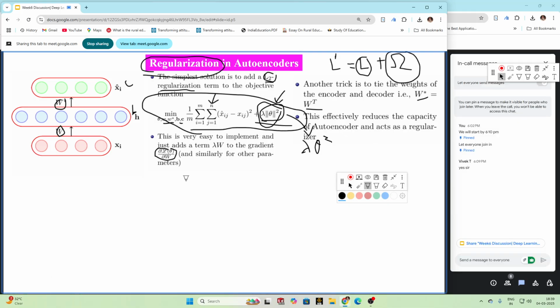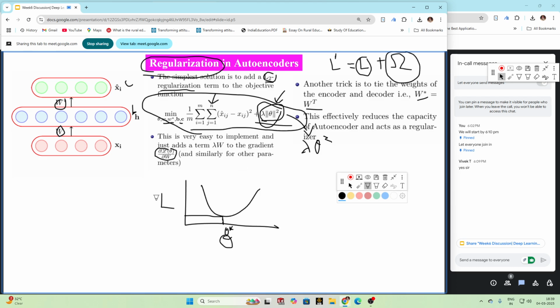If you remember the graph, there is a graph like this. This is the loss and this is the theta. Earlier our least loss was something like this, and this is the optimum theta, theta star. That we are calculating.